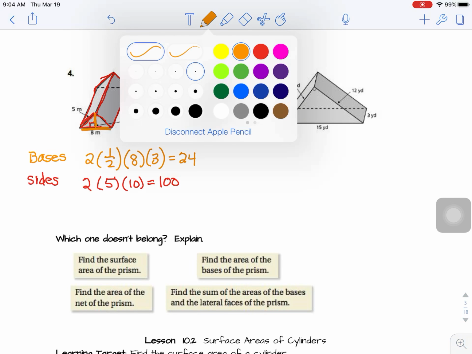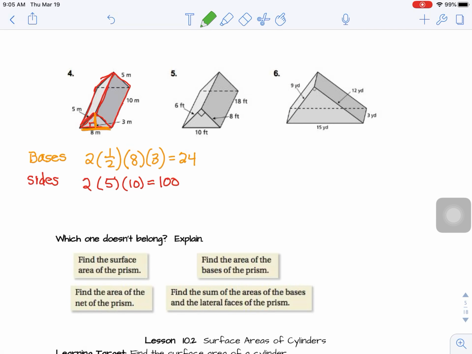This one would have been a total of 24. And then the other piece we need is the piece it's sitting on, this green rectangle on the bottom. We'll call it the bottom, which gives me a total of, what is that, 8 by 10, which equals 80. And then again, we add up those pieces together to get 204.